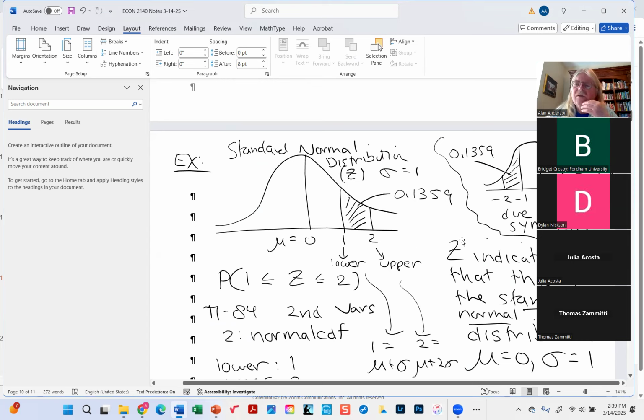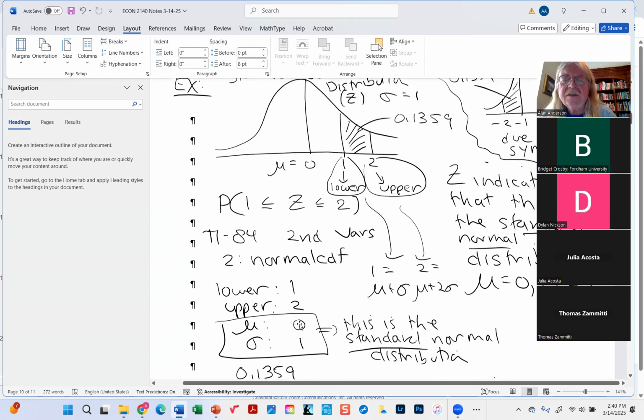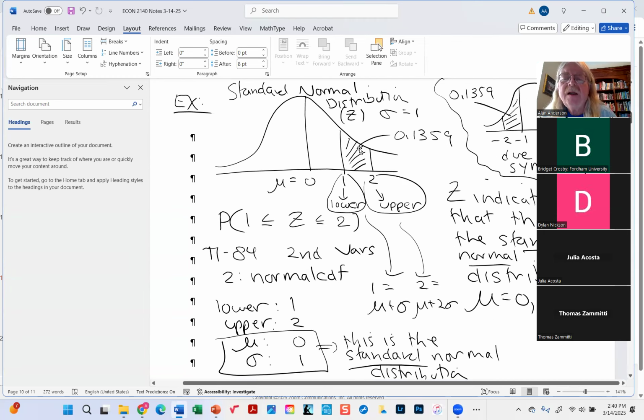And we know that the mean is 0 and the standard deviation is 1. If you type that all into your calculator, you should get approximately 0.1359. Right? So that is rounded to 4 places. And so you can see I put it up here in the graph. And that means that this section represents 13.59% of the total area under the curve, which is 1.